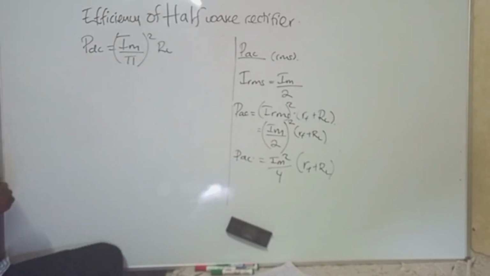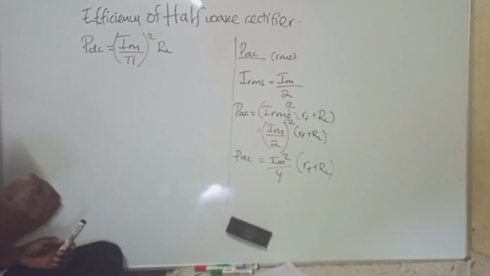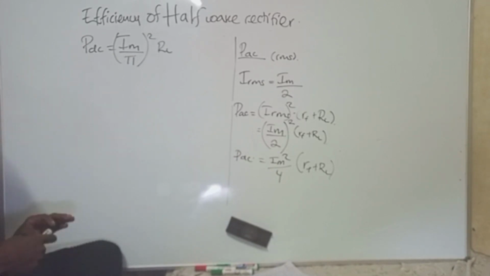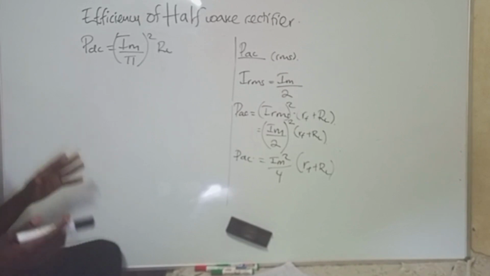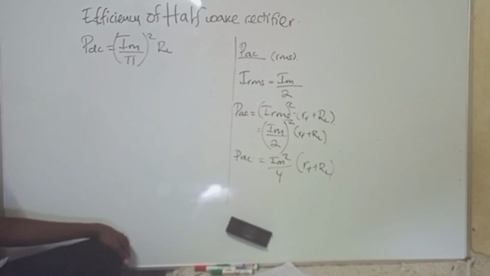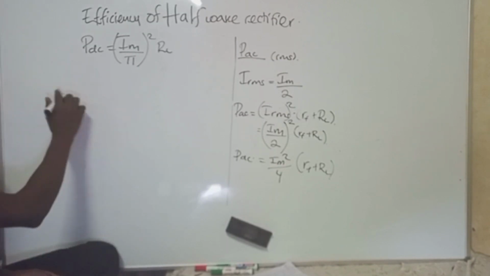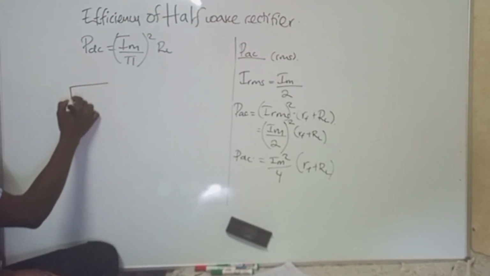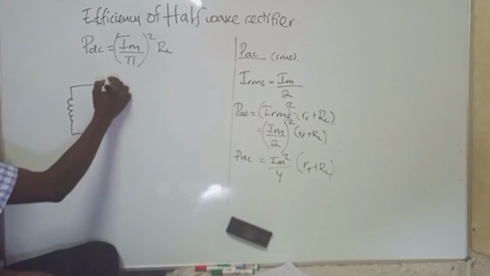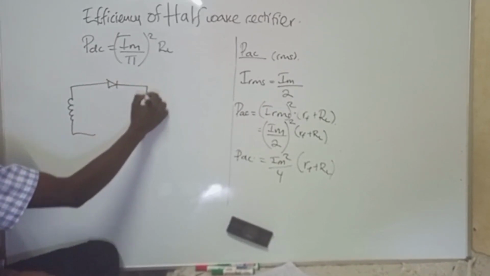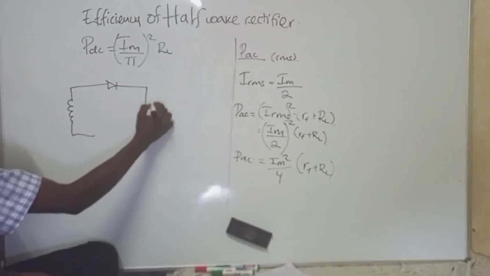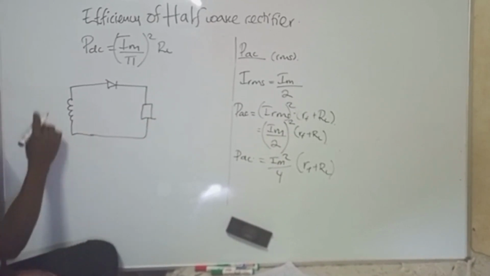Now here, leave alone the derivations. I went through them because sometimes they may ask you to do the derivations and come up with such equations. But there is one thing that you always need to note. My circuit was like this, okay? I had a diode here, and a resistance in DC, half of the diode.